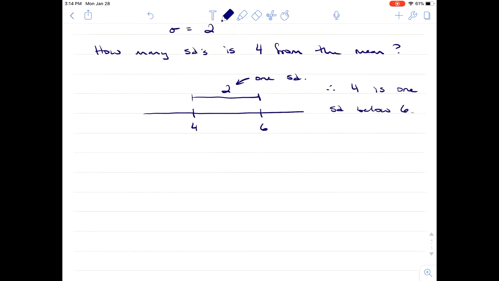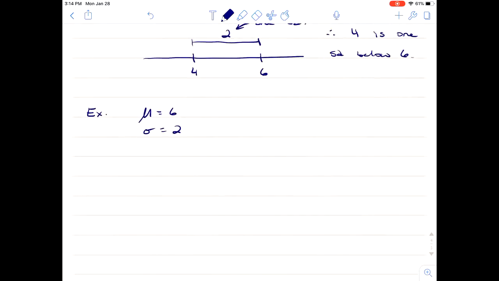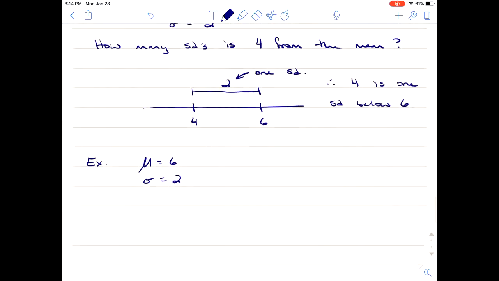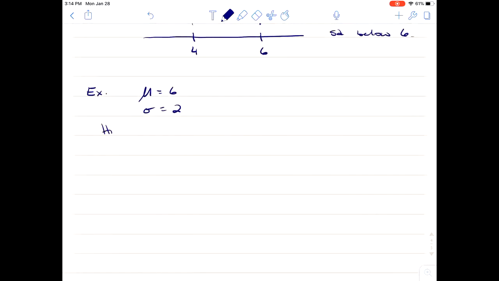Let's do one before I give you the formula that we can use. So say the mean is 6 again, and the standard deviation is 2. How many standard deviations is negative 4.91 from the mean? We can think about what we're actually doing in the first example.